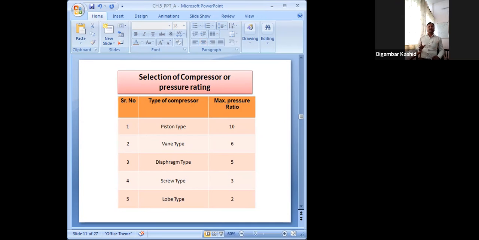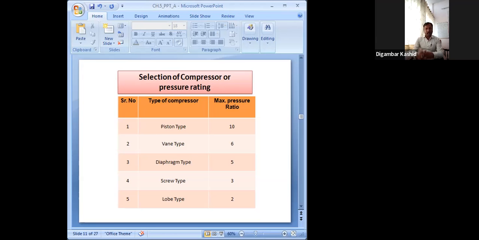So this is the selection of the air compressor with respect to the pressure ratio you want. Depending on how much pressure ratio you require, you can select your compressor, and for that only I have shown this table. Understood? Up to this, we have covered all the points about the air compressor.